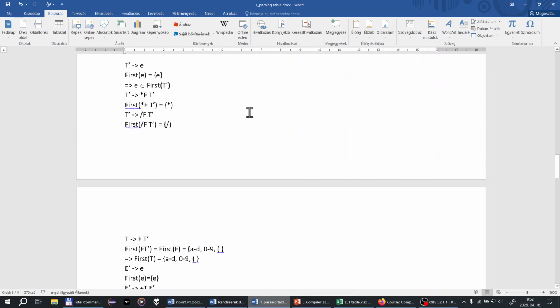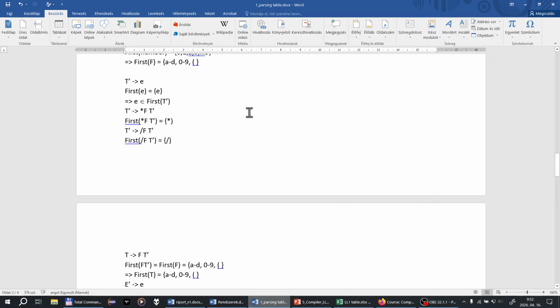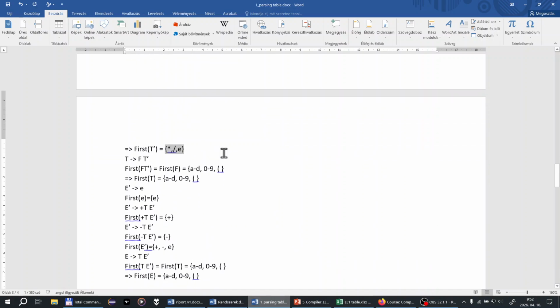Here we have T prime, so as a result, first of T prime contains multiplication, division, and the empty. So if we eliminate the empty, we have multiplication and division.